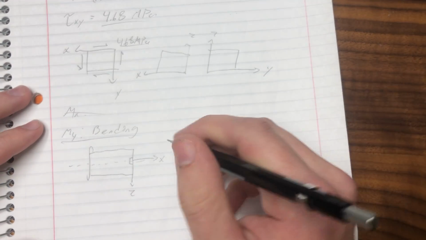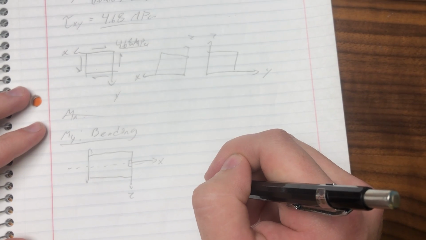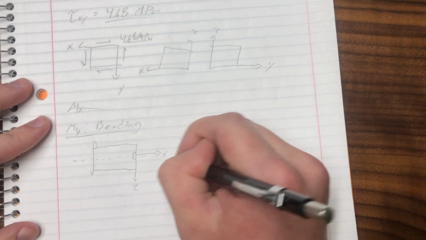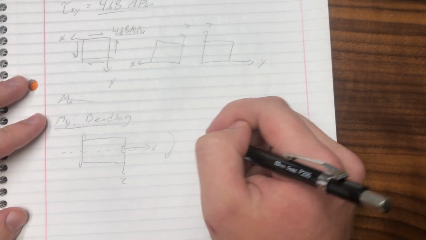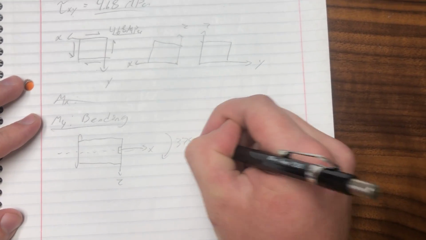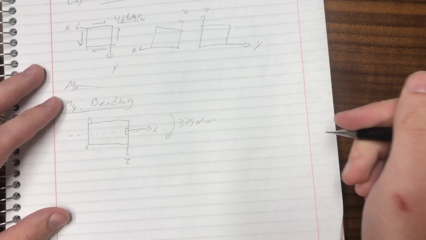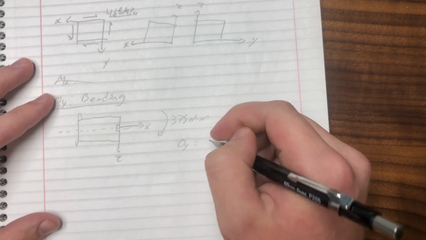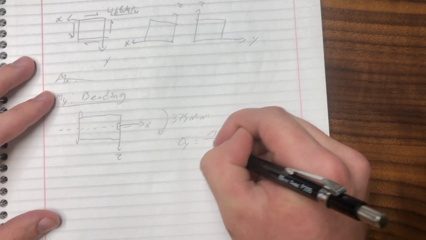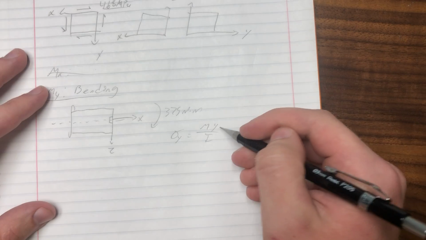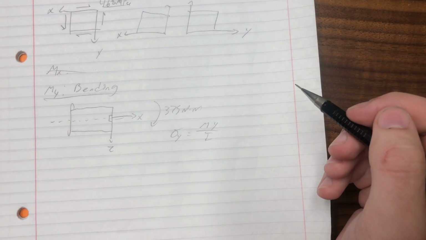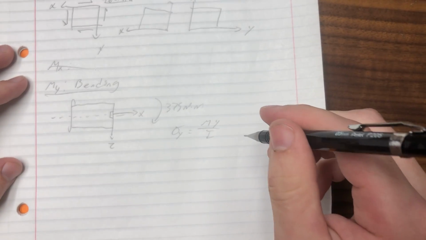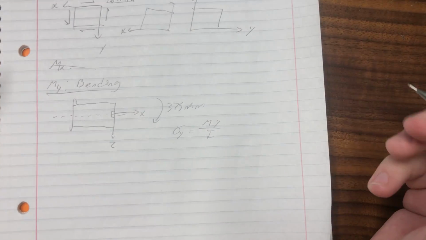So the moment was 375 Newton meters, and it will be clockwise because it was negative. So 375 Newton meters. And then the formula to find the stress sigma y is going to be My over I, where M is the load, y is the distance from the point of interest to the neutral axis.